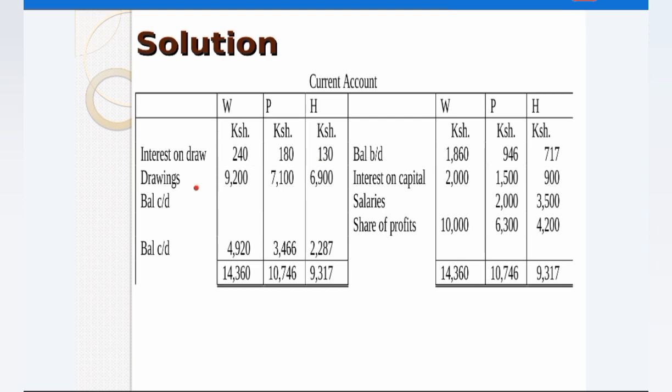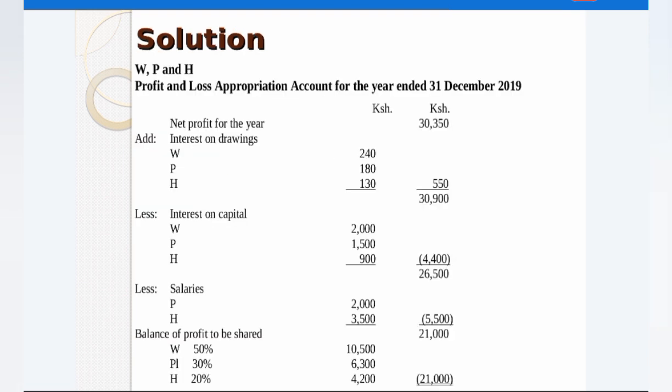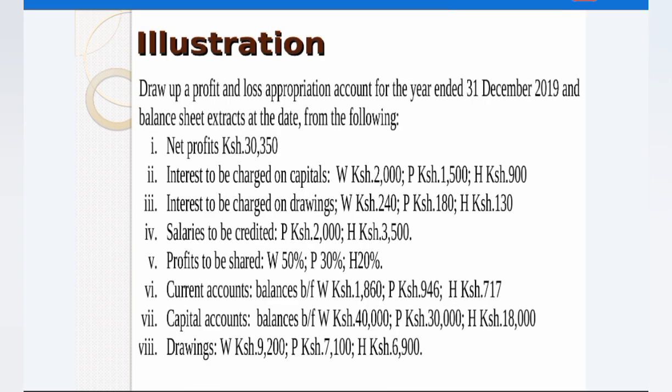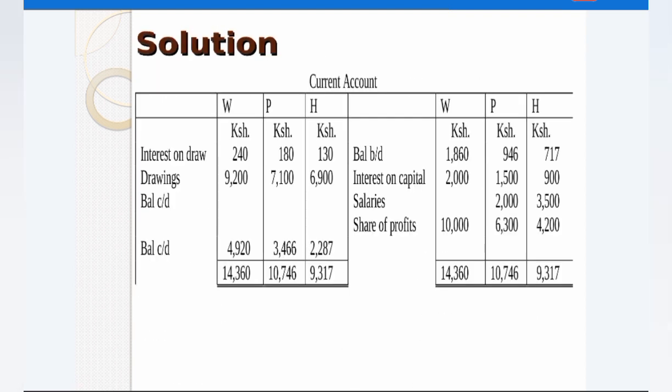And then the drawings from our illustration have been presented under number 8: 9,200, 7,100, and 6,900 for W, P, and H respectively. So if you bring them here, you have 9,200, 7,100, and 6,900.